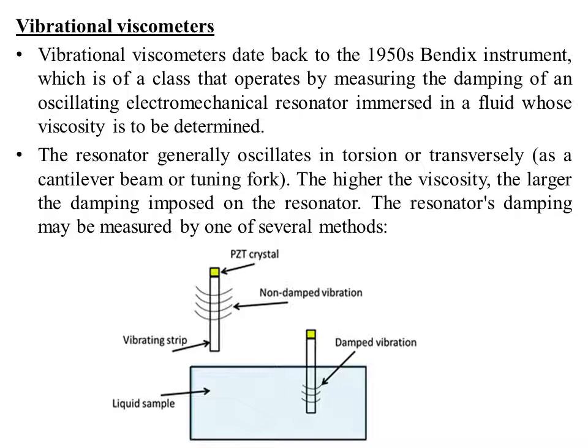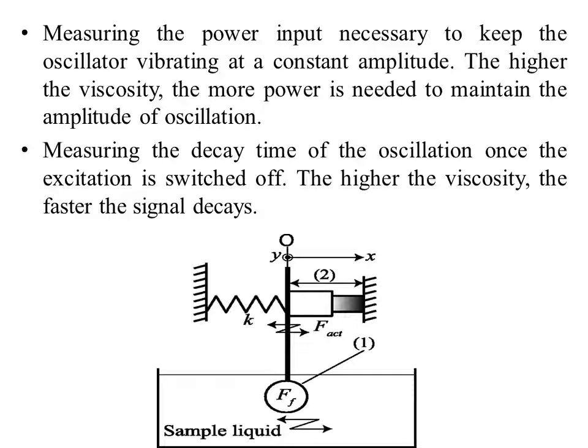So you will be having an electromechanical resonator which is immersed into the liquid, and the damped oscillations, when it is dipped into the liquid, the oscillations, vibrations will be different. So by measuring that you can find out the viscosity. Measuring the power input necessary to keep the oscillator vibrating at a constant amplitude.